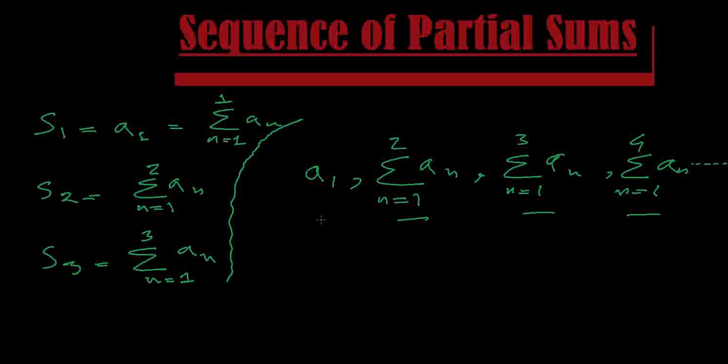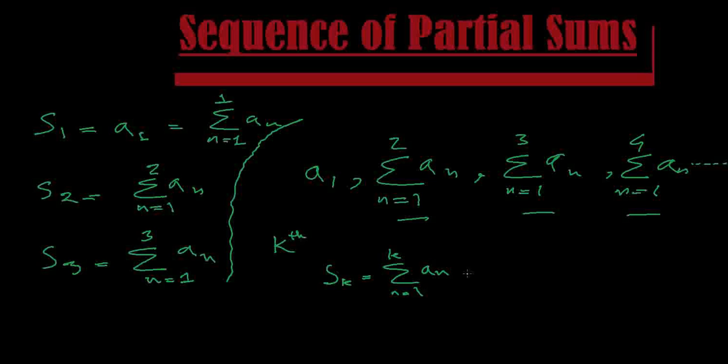Now let us find a generic formula for the partial sum. Let us find the kth partial sum. We can write S_k equals the summation of a_n from n equals 1 to k.